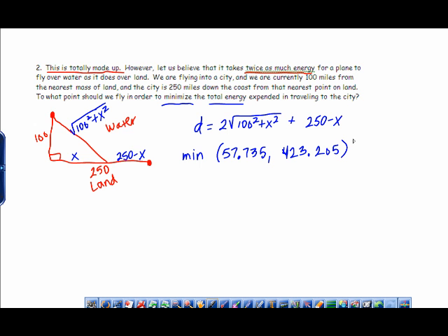Okay, so it says, to what point should we fly? Alright, so we want to fly to this point right here. Okay, so how could you explain this? Well, you could probably explain it several different ways. I'm going to go ahead and use this number though, and I would say you want to fly 57.735 miles, because that's the units we're in.